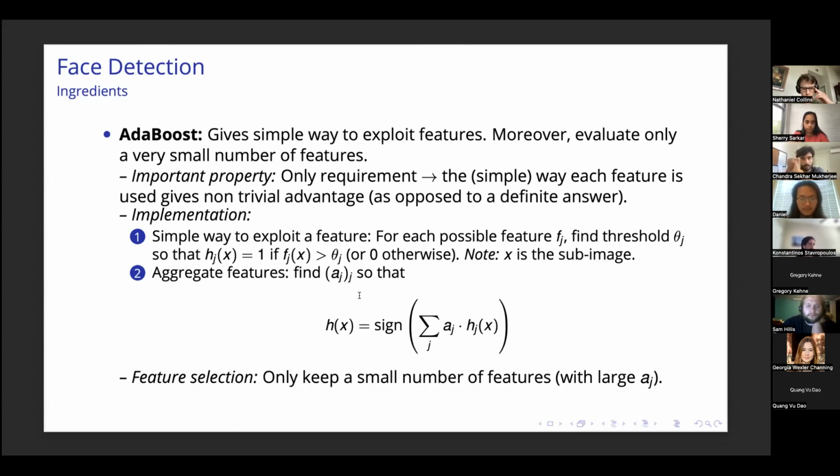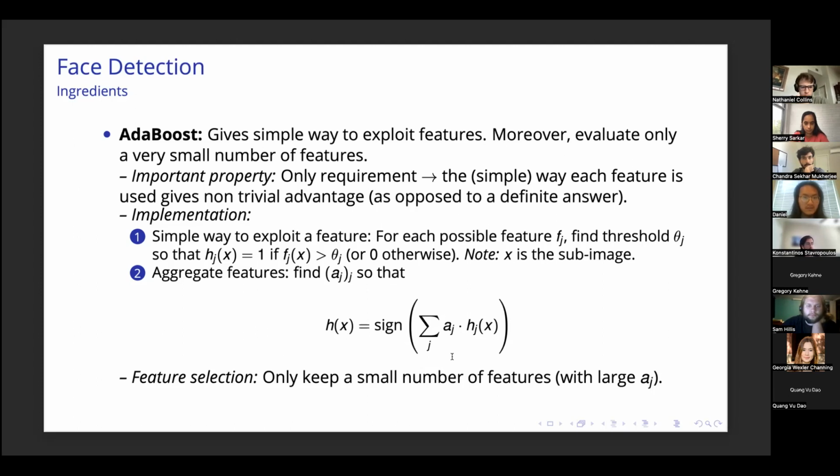In the meantime, the function it comes up with, which takes an image and outputs whether it is a face or not, is of a very specific form, which is very important for face detection, because it really finds the important features.